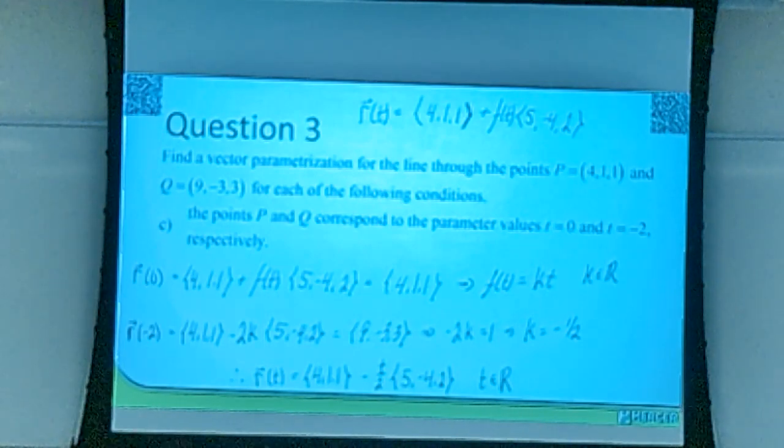That would be the parameterization of those conditions. All three parameterize the exact same line, just with different parameters to represent your initial and terminal point. Initial point's P and terminal point Q. And if you're just asked for a parameterization with no conditions, just set f of t to be t and you're done.